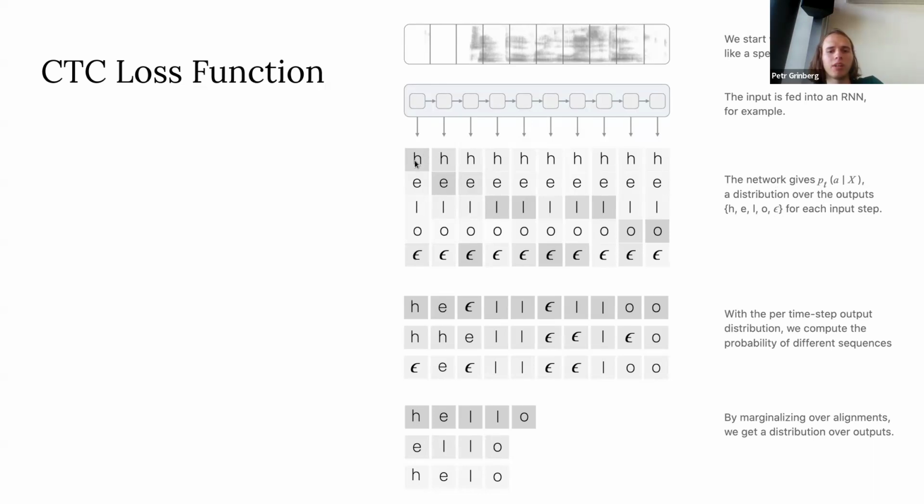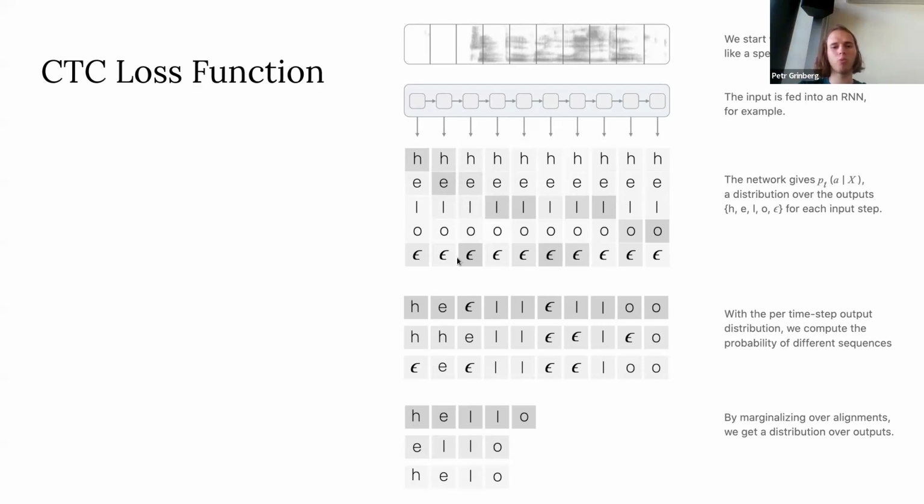And the depth of the color defines what the probability is. The more white the color, the lower the predicted probability, and so on. Yeah, and then we will calculate all possible paths from this probability matrix and look at what alignments we get.